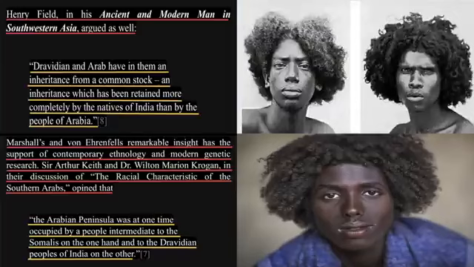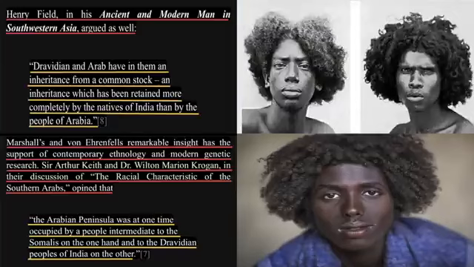Sir Arthur Keith and Dr. Wilton Morant Corrigan, in their discussion of, by the way, the book is called The Racial Characteristics of the Southern Arabs, say, the Arabian Peninsula was at one time occupied by a people intermediate to the Somalis on the one hand and to the Dravidian peoples of India on the other. So basically they're saying that the original Arabian population was something in between a Somali and a Dravidian.